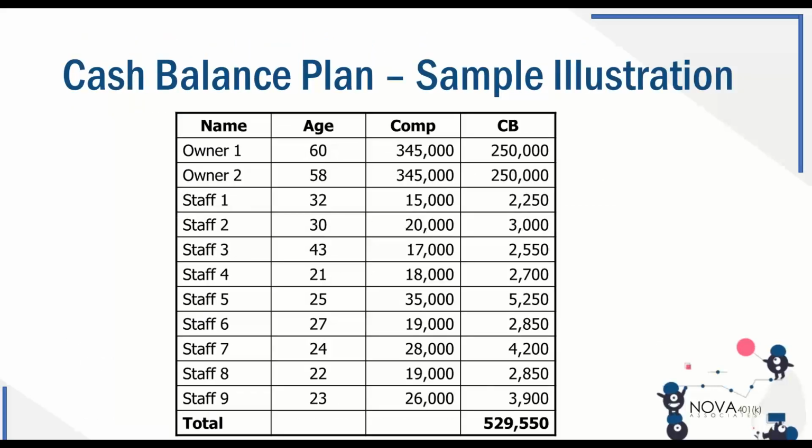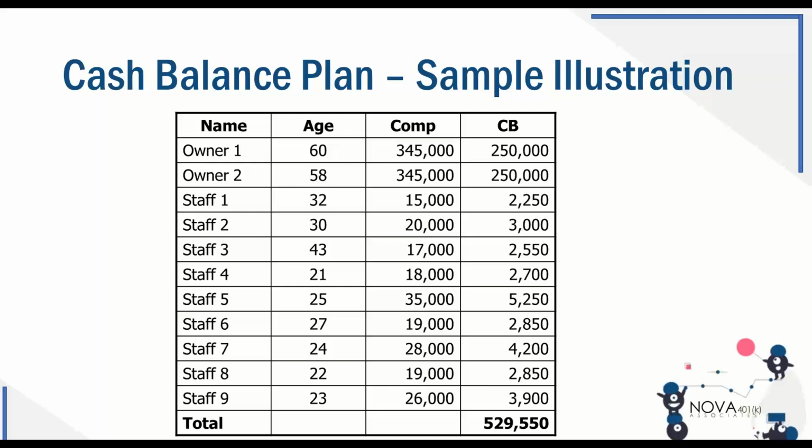All right, so here's our first sample plan, a cash balance plan. This is a standalone cash balance plan, which is definitely possible. It's uncommon, but the benefit of having just a cash balance plan is that you only have one plan. You don't have administrative costs for two plans.